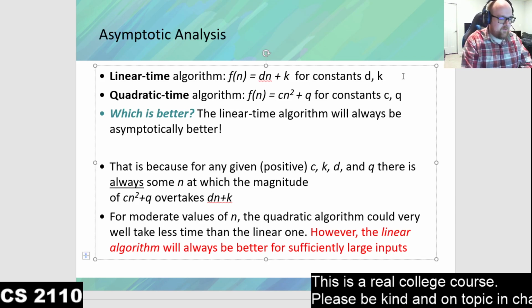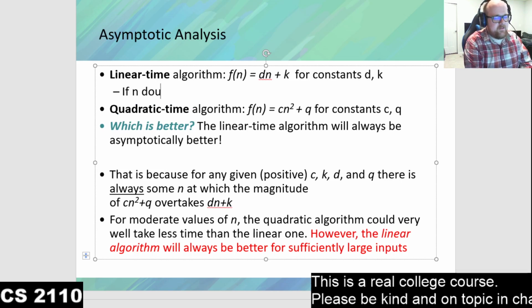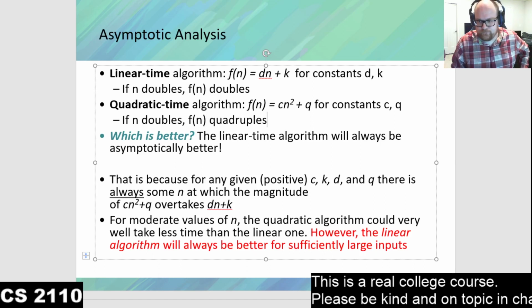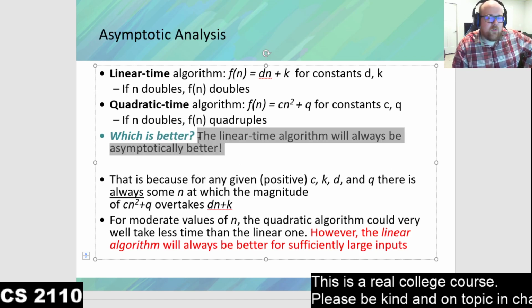Linear, remember, means if n doubles, f of n doubles, whereas quadratic means if n doubles, f of n quadruples. Because of this, a linear algorithm will always be asymptotically better.